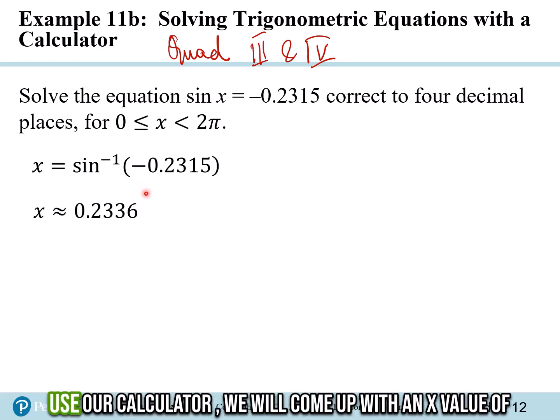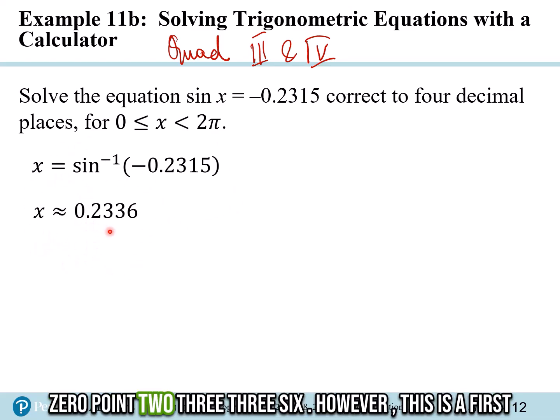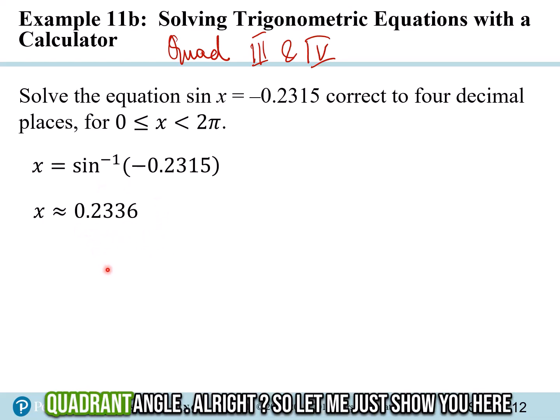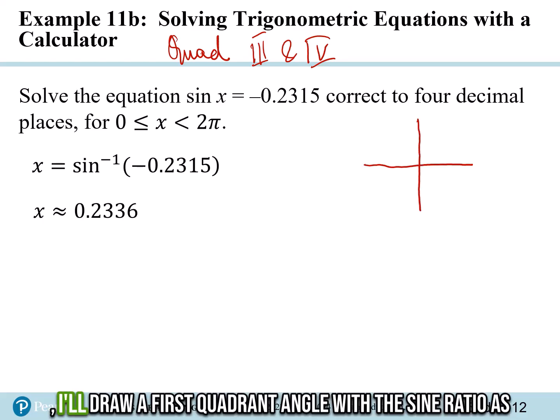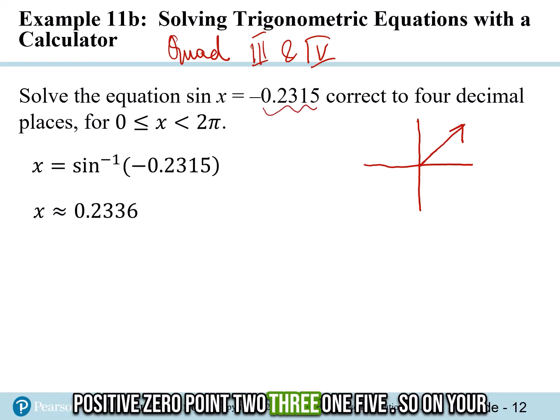Therefore, when we use our calculator, we will come up with an x value of 0.2336. However, this is a first quadrant angle. So let me just show you here on the side. I'll draw a first quadrant angle with the sine ratio as positive 0.2315.